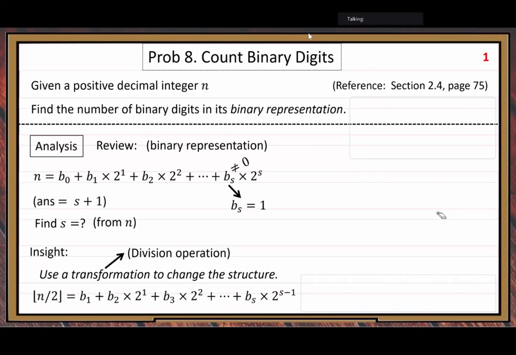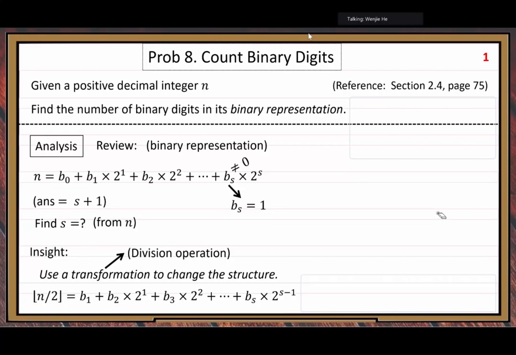When we do division by 2, we only keep the integer part. We do not keep the fractional part. So on the left-hand side, we need to take the floor function, because there is a possible 1/2 left, and we don't want to keep that.